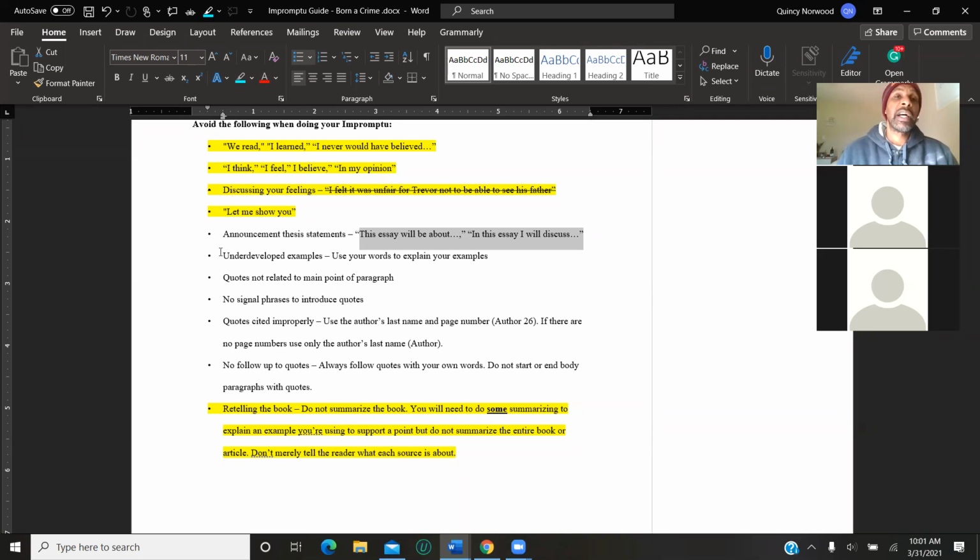But when I say underdeveloped examples, think about the example we discussed several weeks ago about Patricia throwing Trevor and Andrew out of the car, exposing them to a little bit of danger to keep them out of real danger, or mortal danger, I would say. When you're discussing an example, think about what your reader needs to know to understand that.